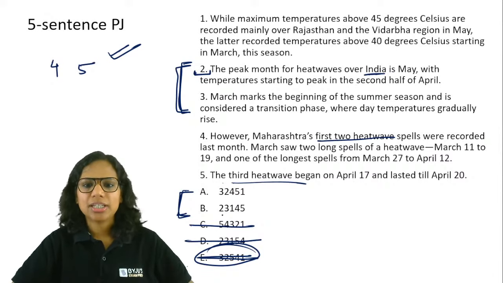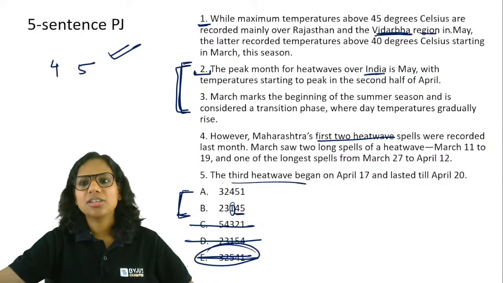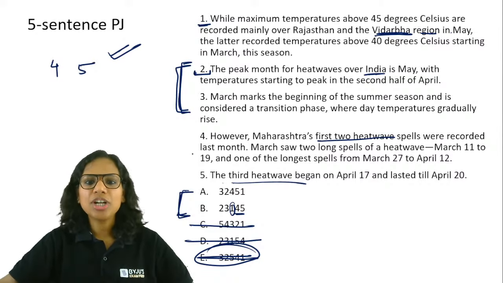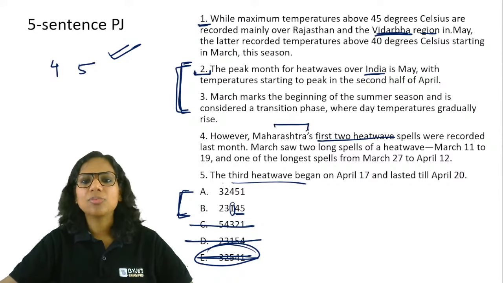But if I do that, then look at this. 1 comes before 4 and 5 in B. However, 1 talks about Maharashtra's Vidarbha. The Vidarbha region is actually a Maharashtrian region, right? So I should first talk about Maharashtra and then the Vidarbha region. So 4, 5 and then 1. So actually this is the sequence: 3, 2, 4, 5, 1.